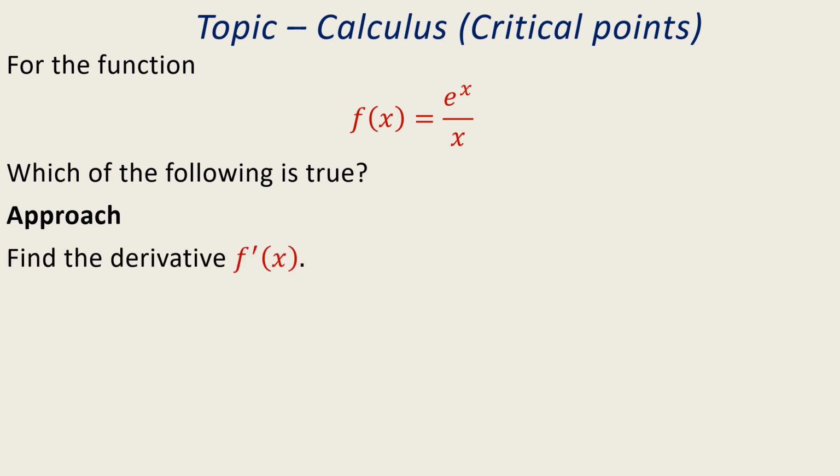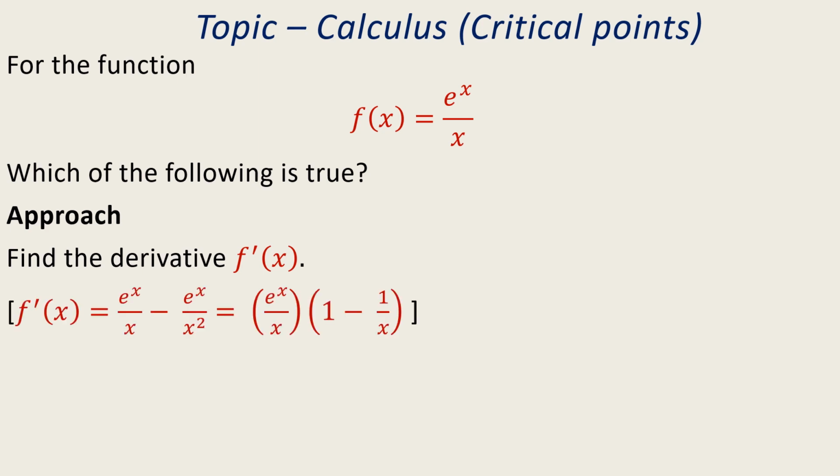First thing we have to do is find the first derivative of the function. In this case, a fairly basic function, and we find its first derivative to be e to the power x divided by x multiplied by 1 minus 1 over x.